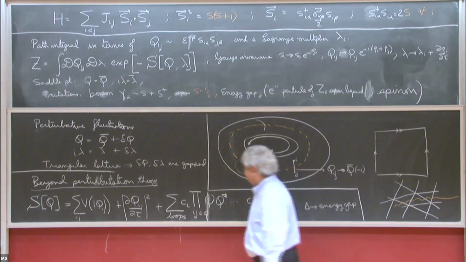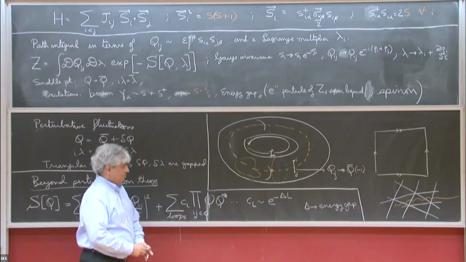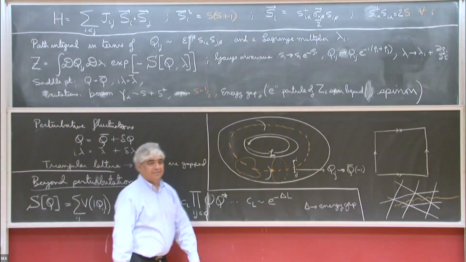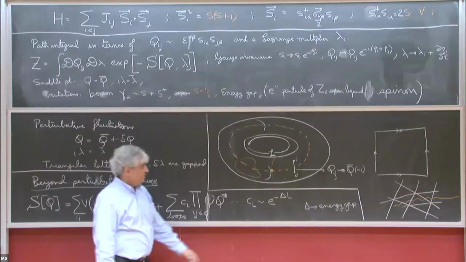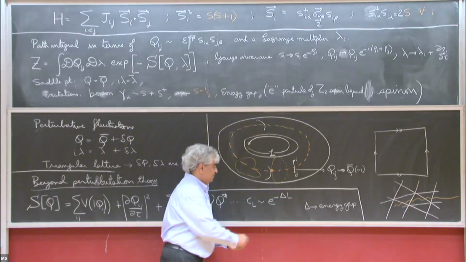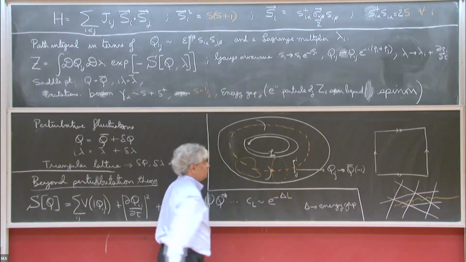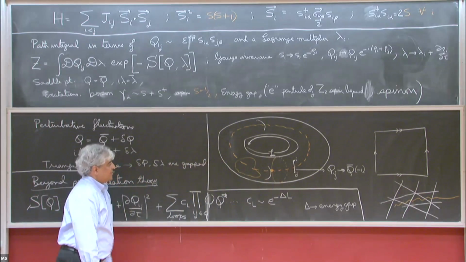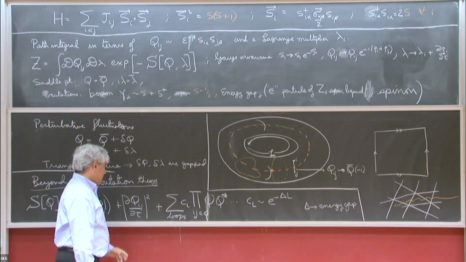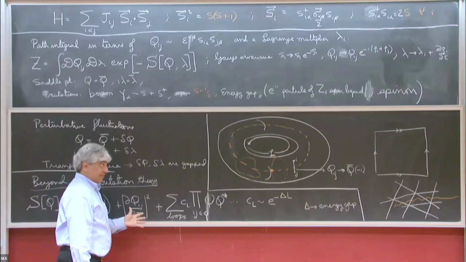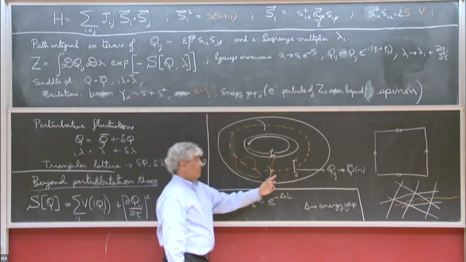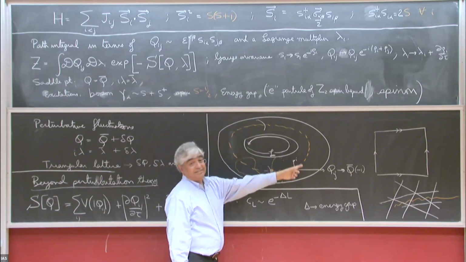So therefore, if you're willing to ignore these exponentials, which can be made arbitrarily small as script L goes to infinity, then this saddle point is essentially the same, independent of whether this dash cut is there or not.